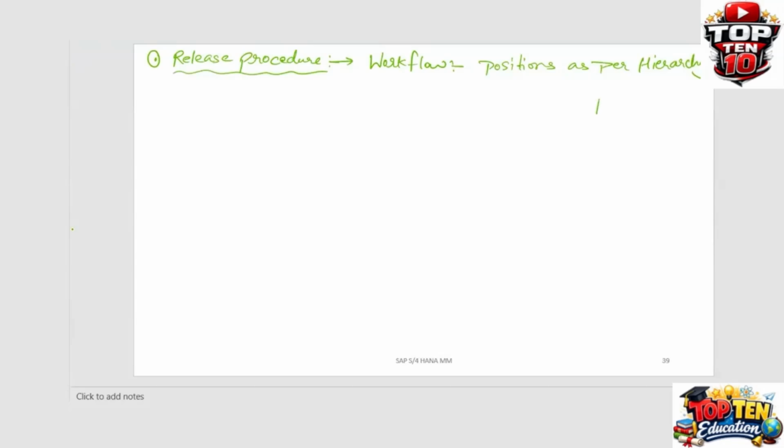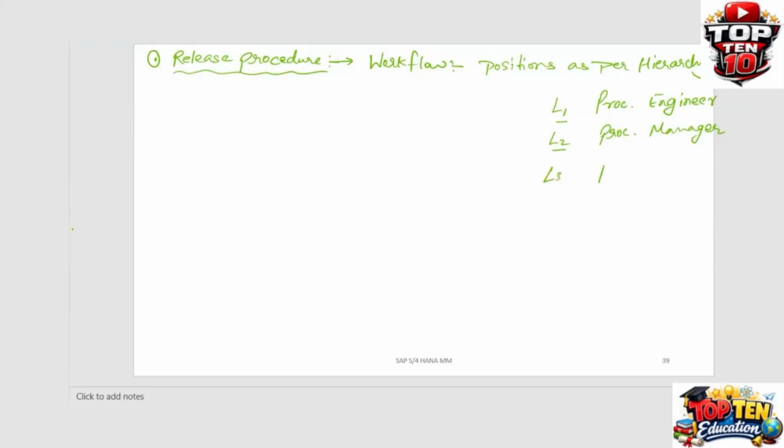Means there is one procurement engineer working on level 1. There is one procurement manager working at level 2.